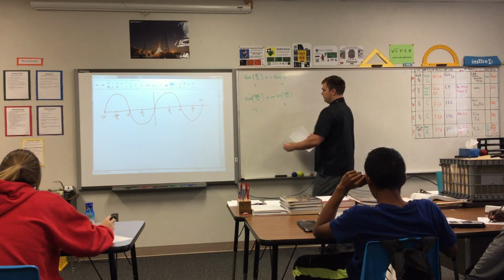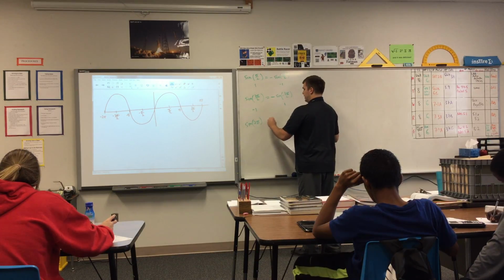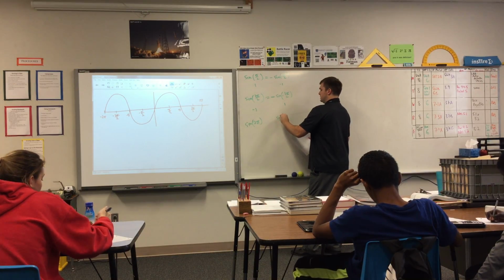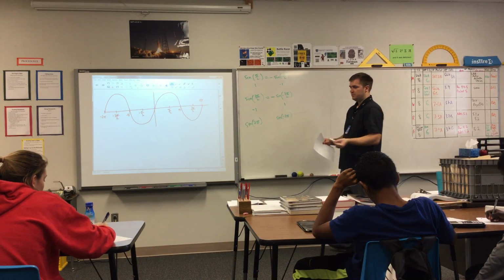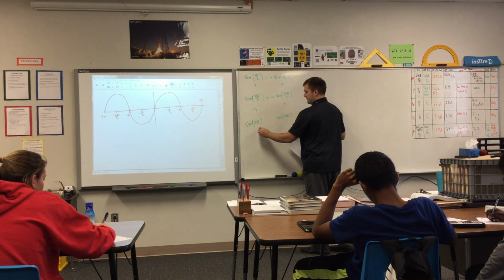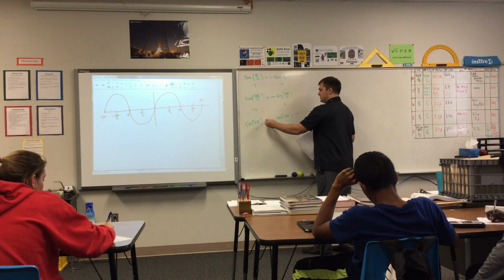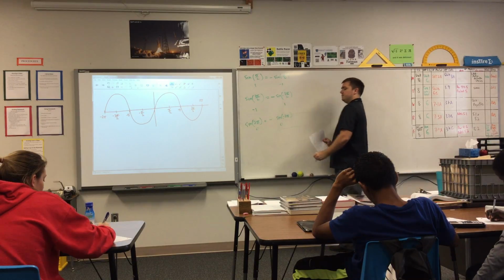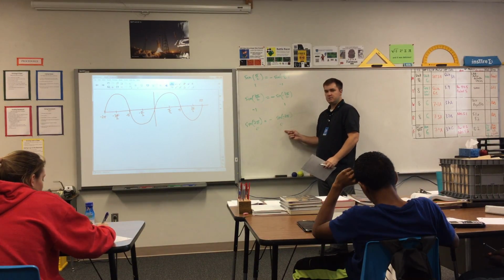And I guess we could try another one here just for good measure. Sine of 2 pi versus sine of negative 2 pi. What's the sine of 2 pi? 0. Sine of negative 2 pi? 0. So would this statement still be accurate if I put a negative right there? Is 0 equal to negative 1 times 0?